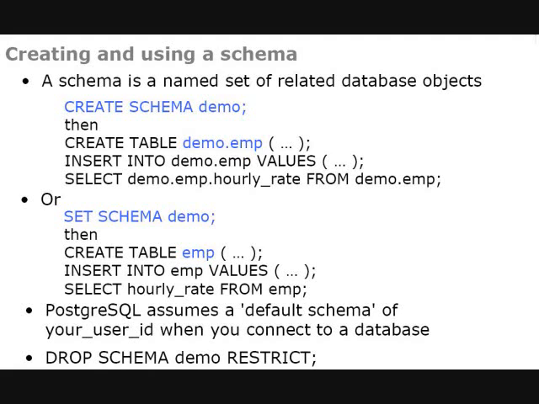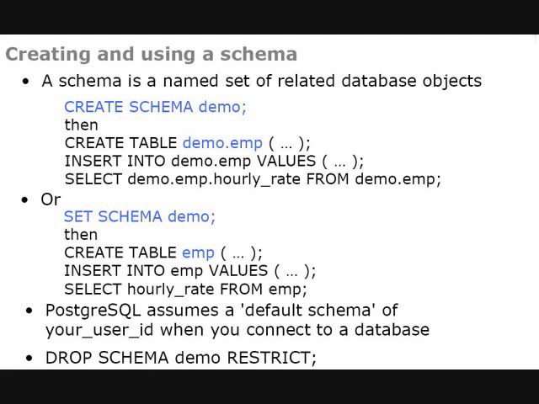So if I then say create table M, it will be created within the schema demo because I'm already working in that schema. So I can either work from the default schema which is associated with your username, or I can work from a particular schema that has been created, and then the objects that I create there will be associated with that particular schema.